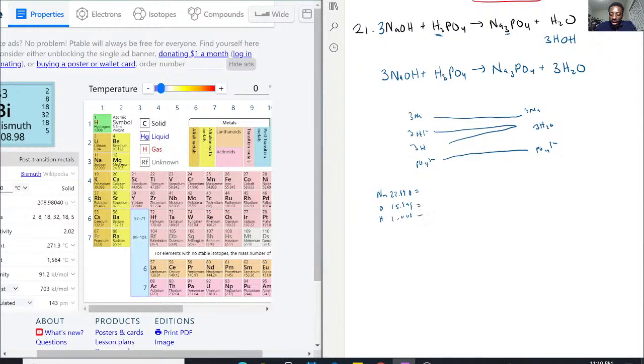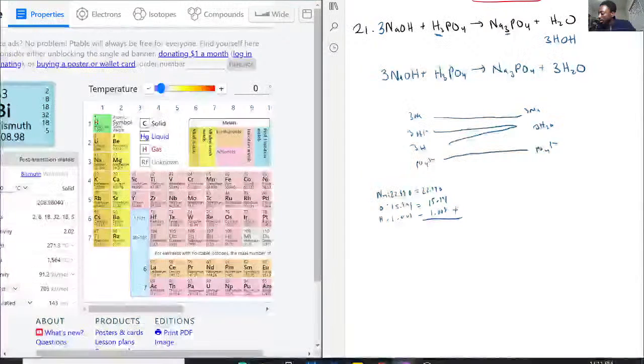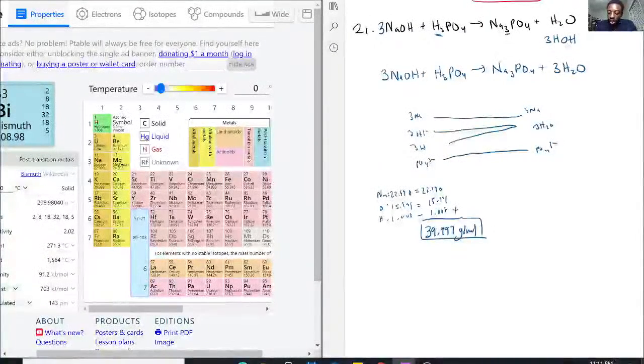These are just the multiplication, and they're all just ones, so this is going to equal each other again. Add them all together. So for NaOH, we have 22.990 plus 15.999 plus 1.008, and we get 39.997 grams per mole. So we have 1 down.